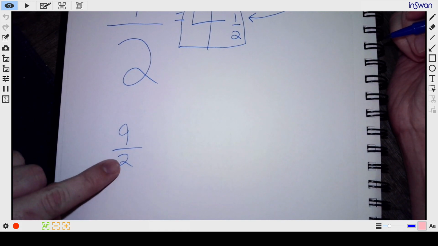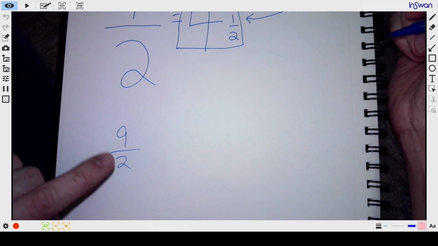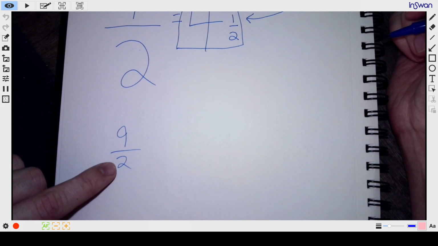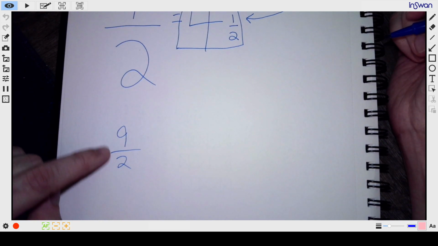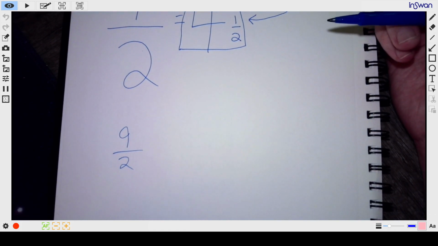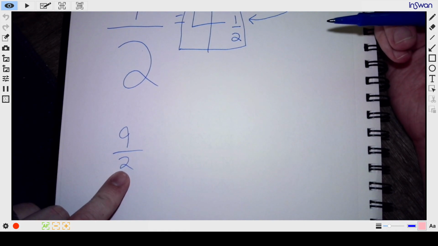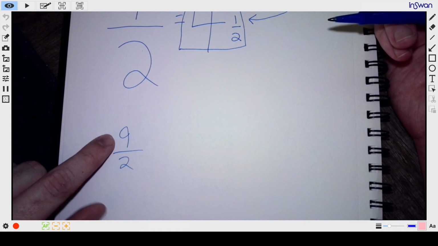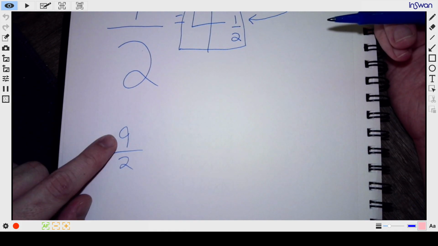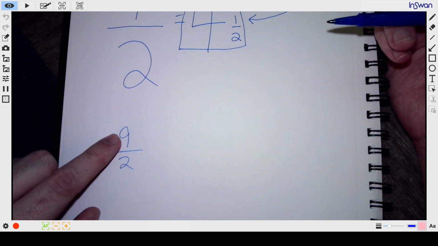So we're dealing with halves. The denominator tells you the size of the pieces. That tells me that my whole, or wholes, because I have more, I have 4 wholes and 1 half, they are broken into 2 pieces. Your denominator always tells you the piece size. But my numerator tells me how many of those pieces I have. So my halves, that's the size, but I have 9 of them. So I have 9 total halves.